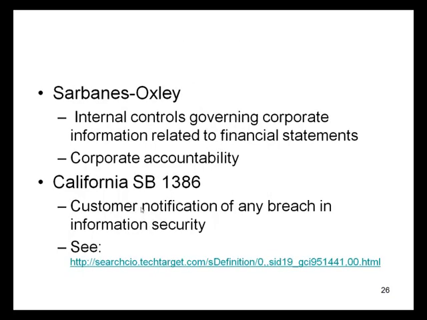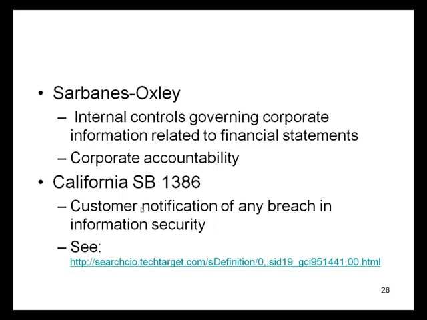Sarbanes-Oxley is similar in that it came out of the ashes of the failed corporations, but it has a couple of things that it says, one of which is that the CEO and the CFO personally are responsible for the security of information and for annually certifying that information with respect to their corporate filings.